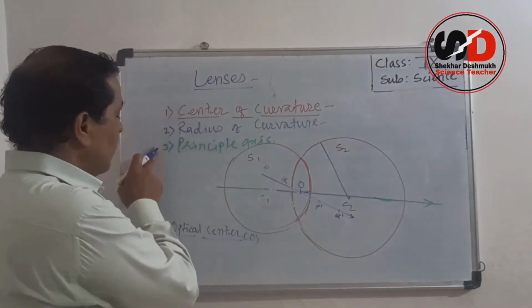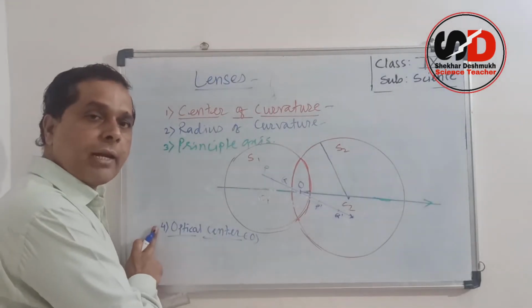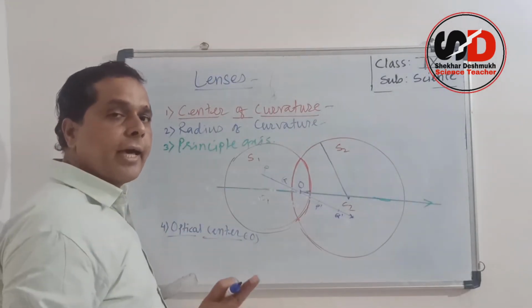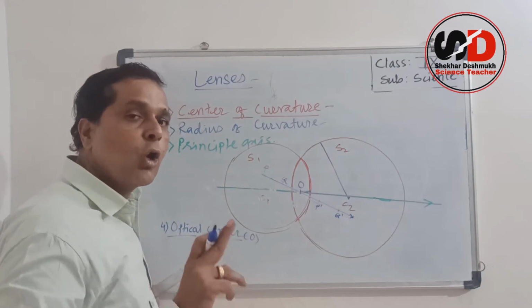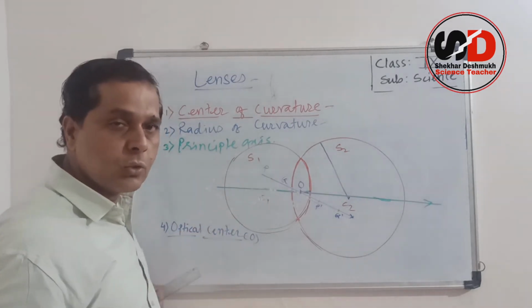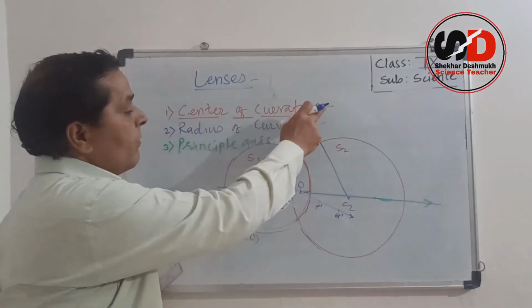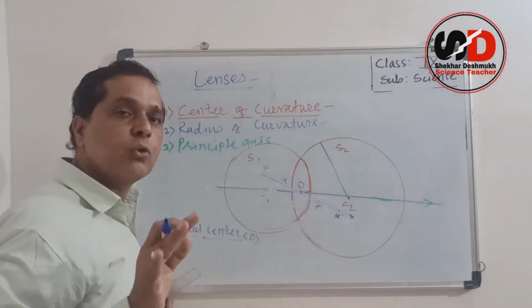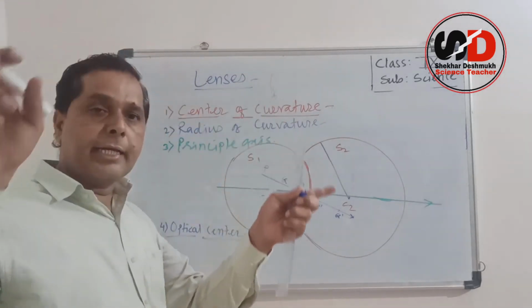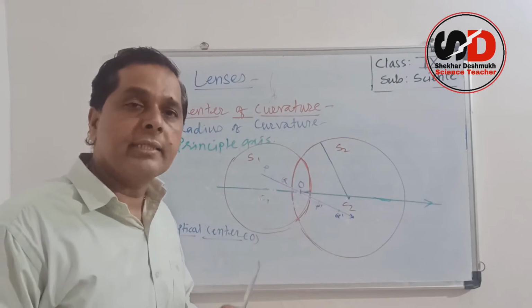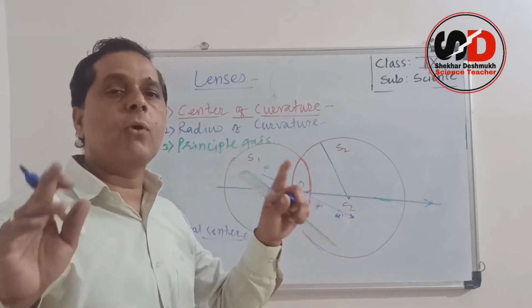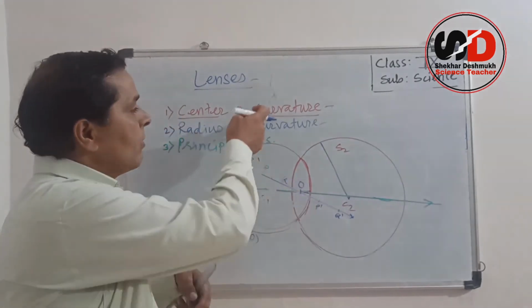All these different concepts that we are learning here are true for concave lens also. Like center of curvature, it is also made up of two spheres. The centers of the spheres whose parts make the surfaces of the concave lens are nothing but the centers of curvature.